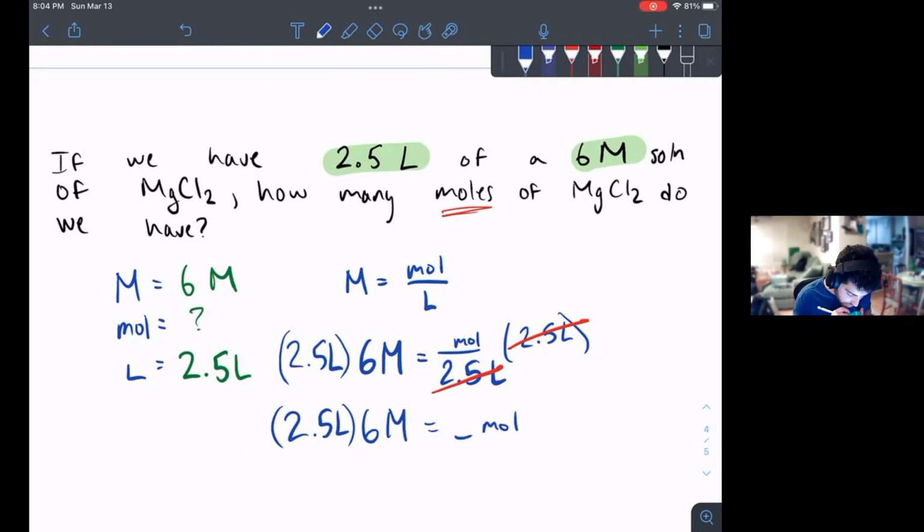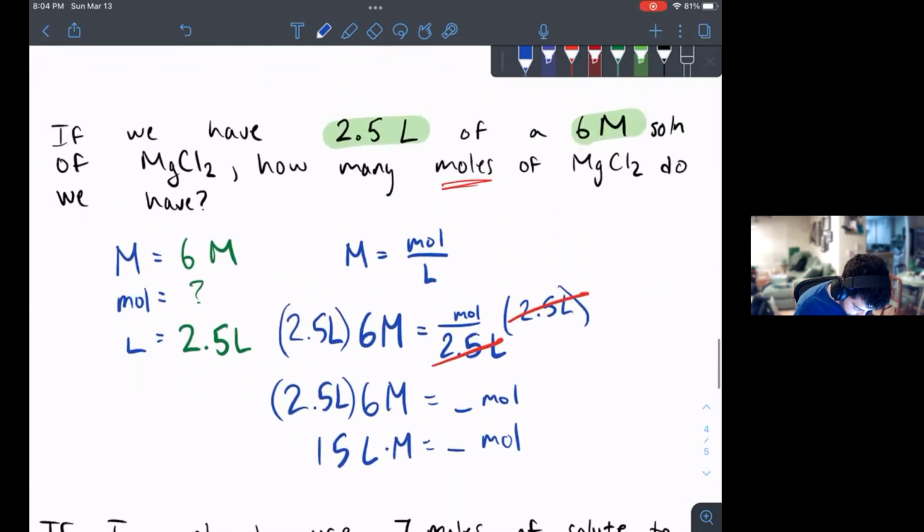And this math just tells us that we have 15 liters times molarity equals some number of moles. And well, it turns out if molarity is just mole over liter, liter times mole over liter, and liter will cancel out. This is just equal to 15 moles. And then we'll throw in our MgCl2 just for good measure.